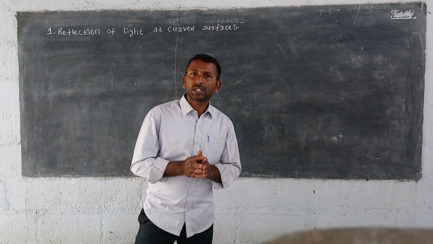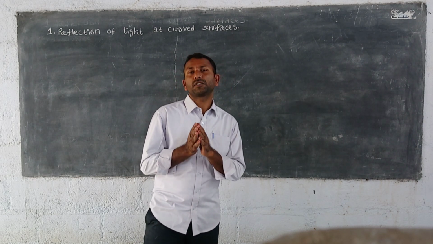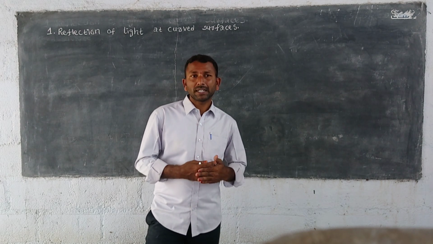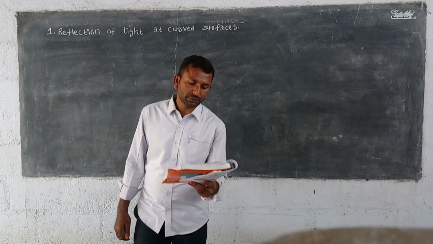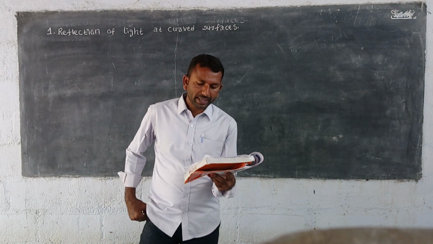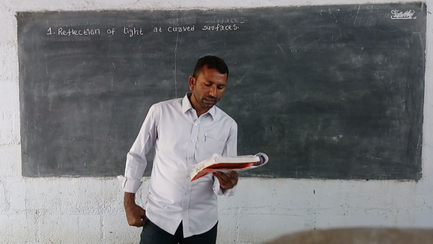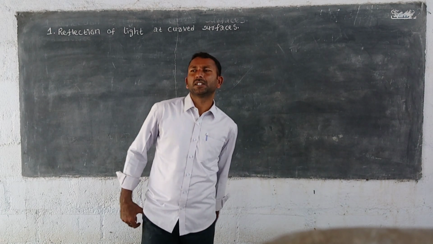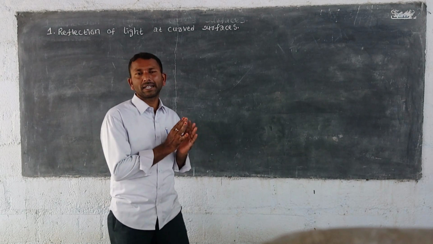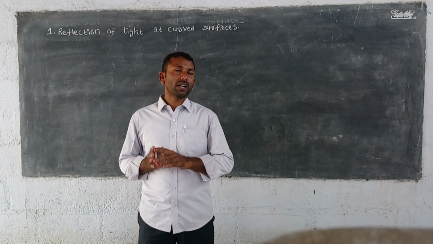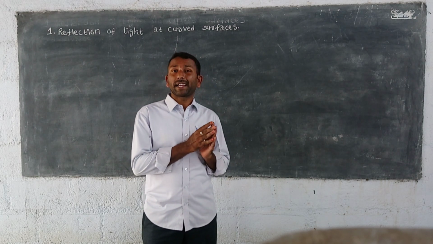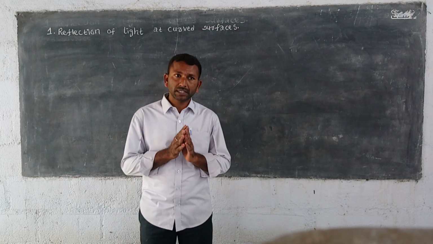If you know the answer, write yes, and if you don't know the answer, write no. After completing the lesson, we can get all the answers to these questions. Look at the next: are the angle of reflection and angle of incidence also equal for reflection by curved surfaces? This question relates to plane surfaces, which we have already learned in previous classes. Then what about curved surfaces? In previous classes we learned that the angle of incidence equals the angle of reflection for plane mirrors only.